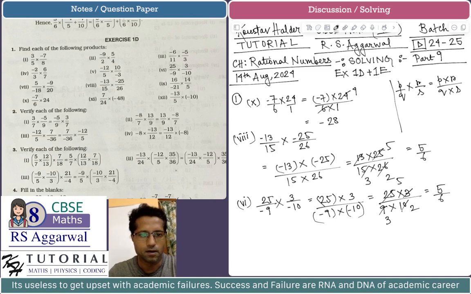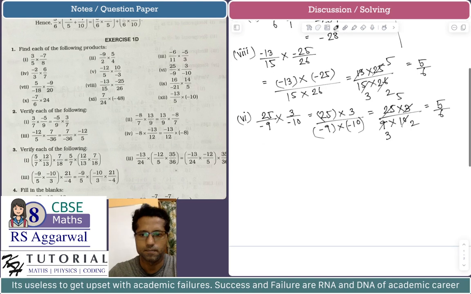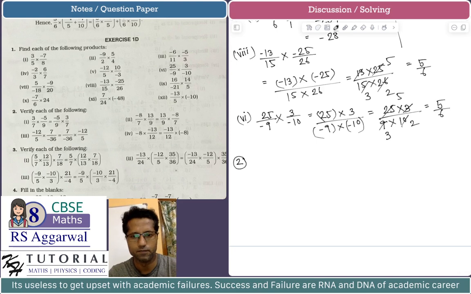Okay. What is question number 2? Verify each of the following. Question number 2 is asking to verify whether the left hand side is equal to the right hand side. Now you can verify all these problems by using the commutative law.